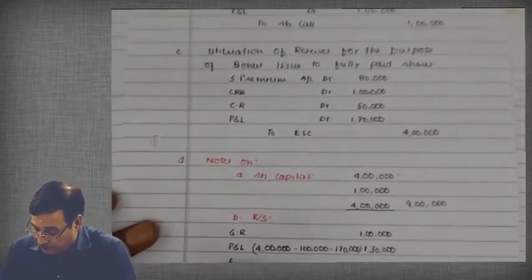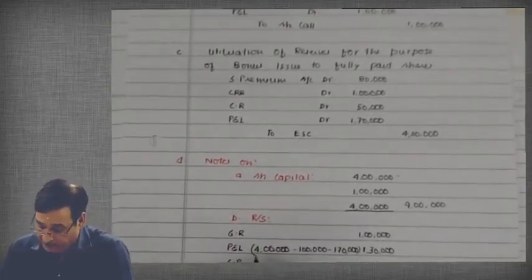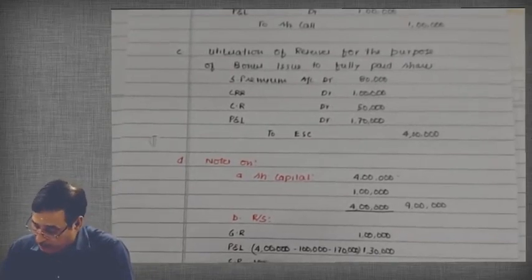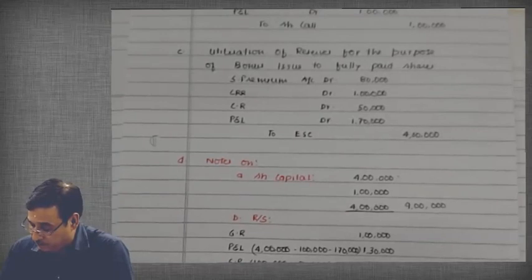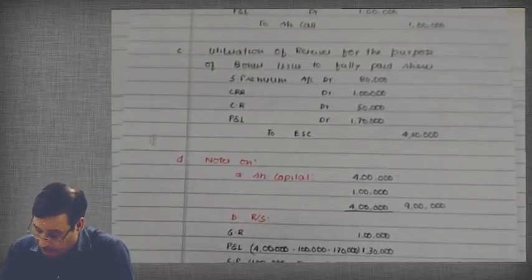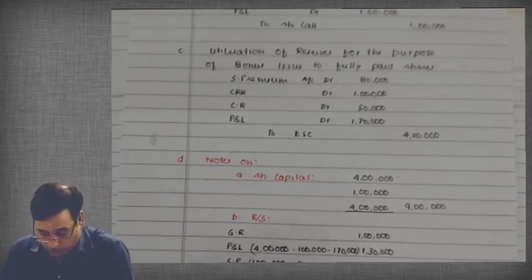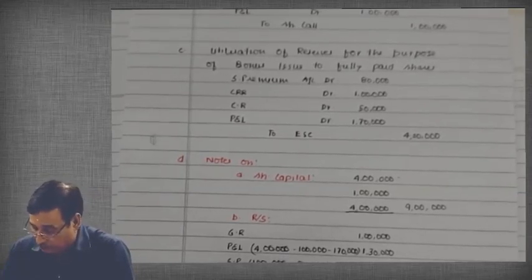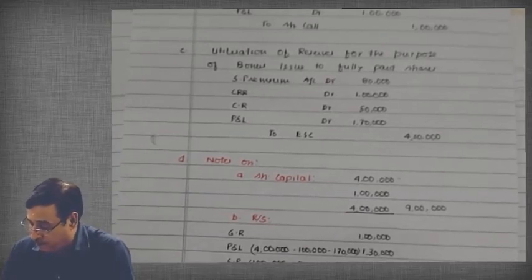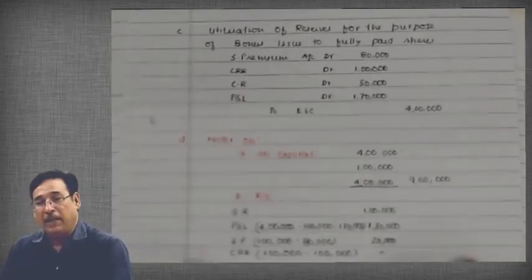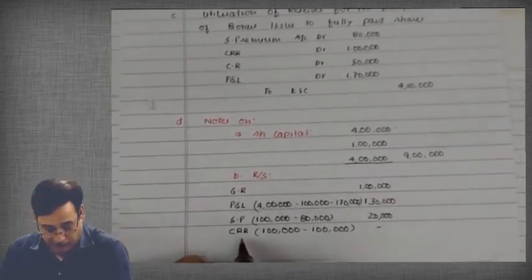Then security premium. Balance in security premium is 1 lakh, but we have utilized 80,000. So now remaining balance happens to be 20,000. Similarly, we have capital redemption reserve. There is no balance in capital redemption reserve now because in the balance sheet there was a balance of 1 lakh, but we utilized the entire 1 lakh. So now there is nil balance as far as capital redemption reserve is concerned.